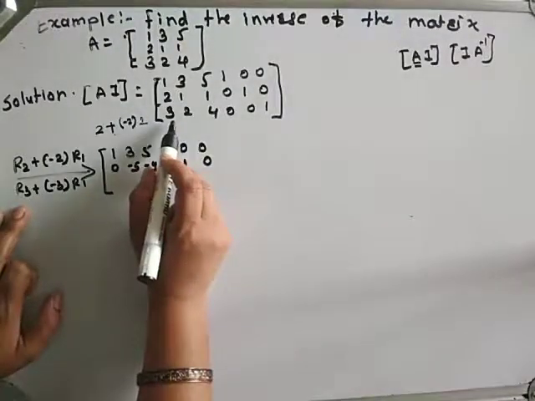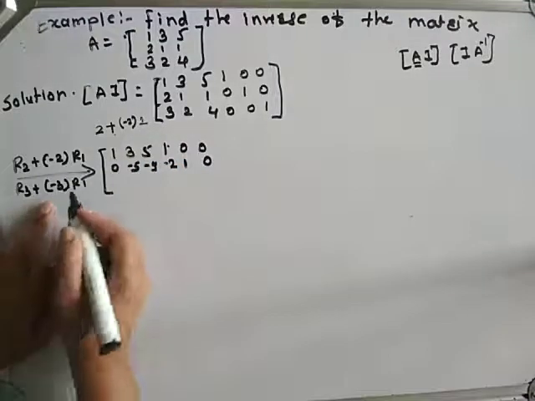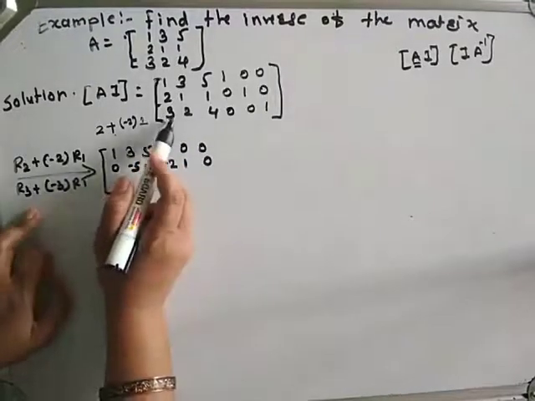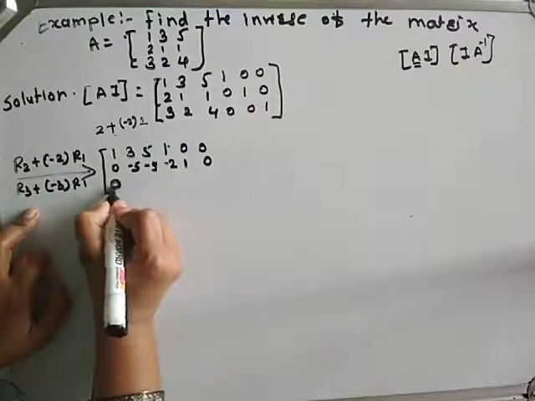What is the next operation? R3 plus minus 3 into R1. 3 minus 3 is 0.